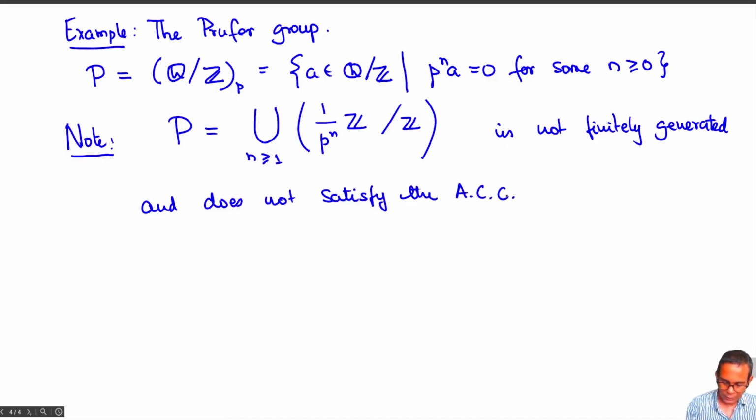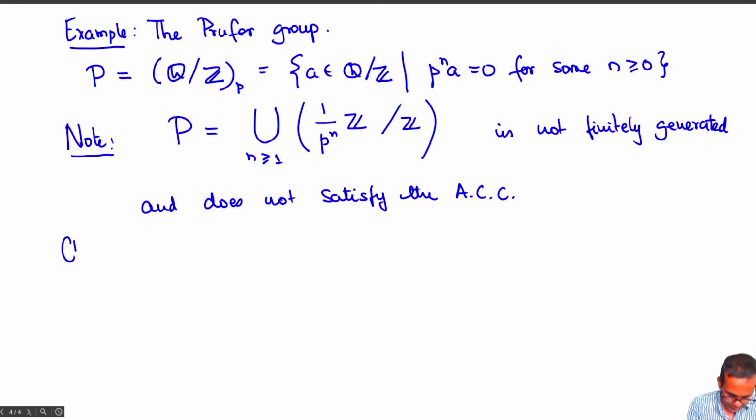Well, that's obvious because here is an ascending chain which never stabilizes. And it's not finitely generated because if you took any finite subset of P, it would be contained in one of these subgroups, and so it could not generate all of P.